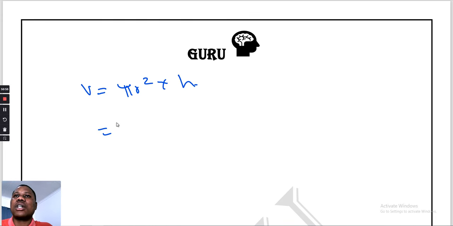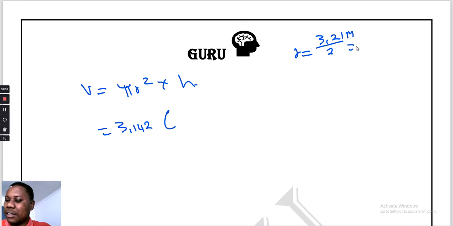So our pi is equal to 3,142 into brackets. We don't have a radius. We have the diameter of 3,21 meters. We divide by 2. That gives us 3,21 divided by 2, that is equal to 1,605 meters.